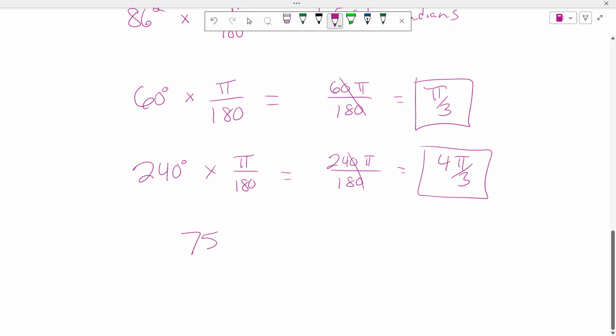If we have 75 degrees, five goes into each of these. Actually, I think 15 goes into each of these, right? 15 goes into 75 5 times. 15 goes into 180, I think, 12 times. Is 75 over 180 reduced to 5/12?